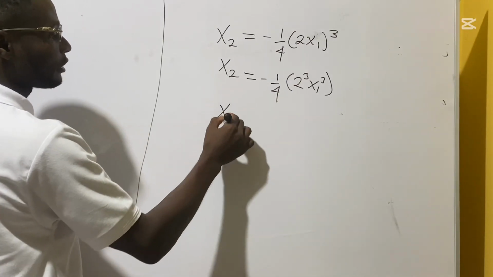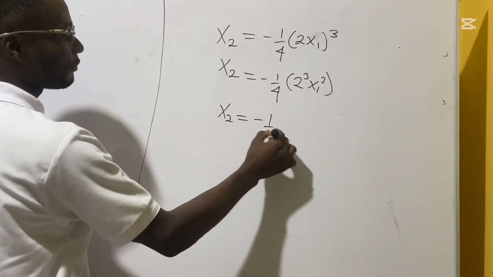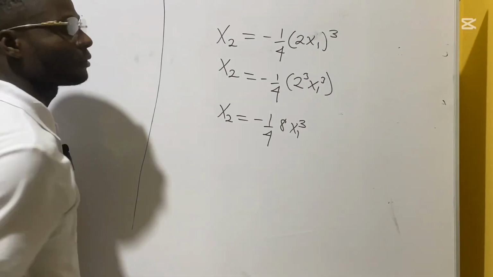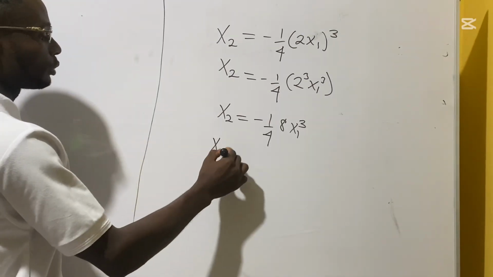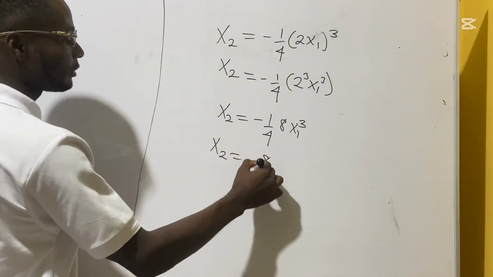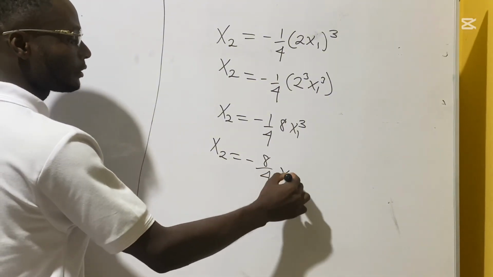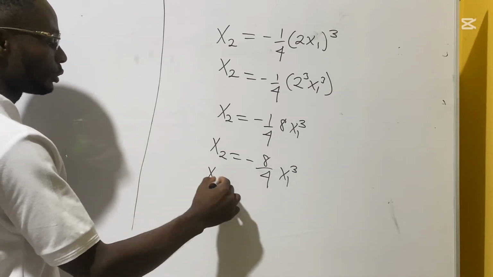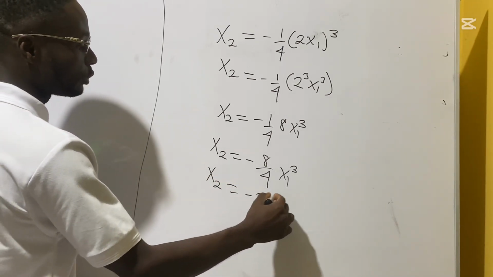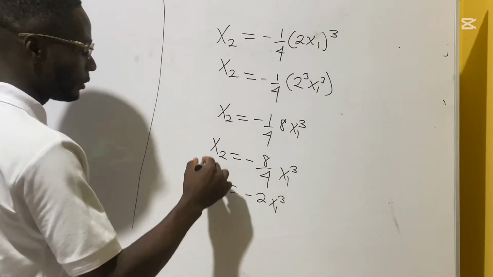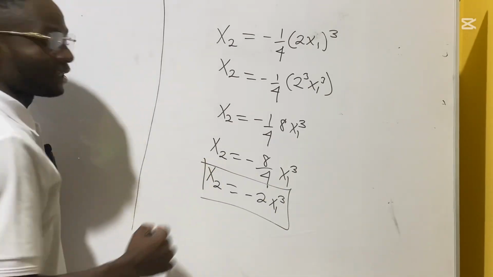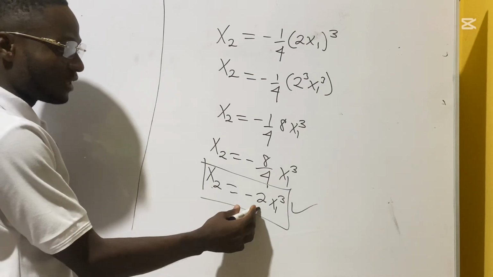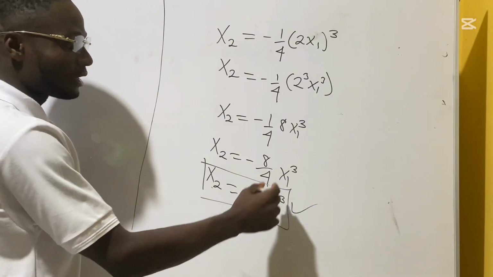So we have x2 equals negative 1 on 4, 8 x1 cube. So we have x2 equals negative 8 on 4 x1 cube. So we're going to have x2 equals negative 2 x1 cube. And this is what we are interested in, right? So x2 in terms of negative 2 x1 cube.